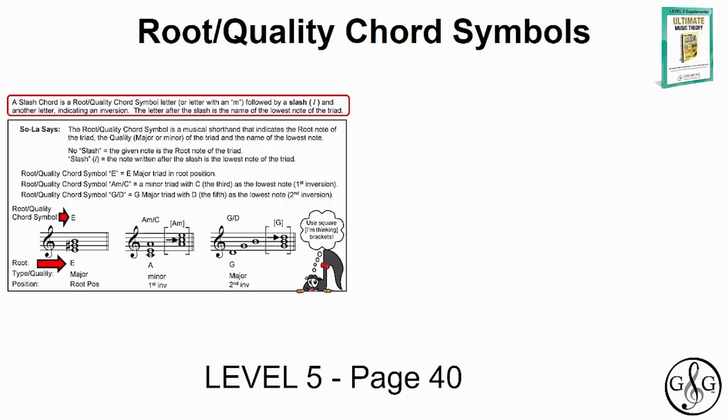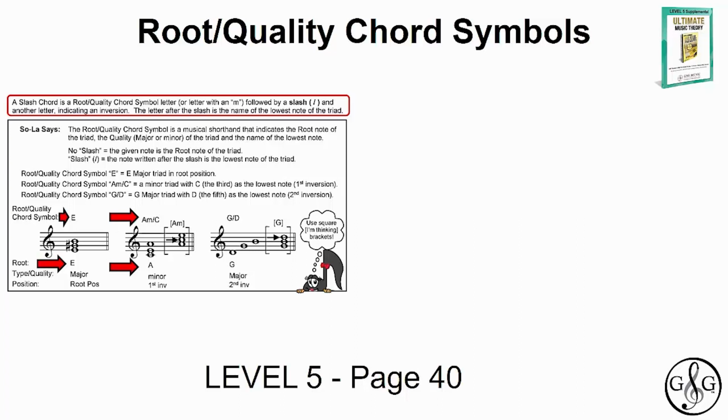So next, observing the square I'm thinking brackets, we see A minor triad in root position, indicated by the root quality chord symbol of A, M, which means A minor. Now the arrow is pointing to C, and that's indicating the lowest note of the given triad.